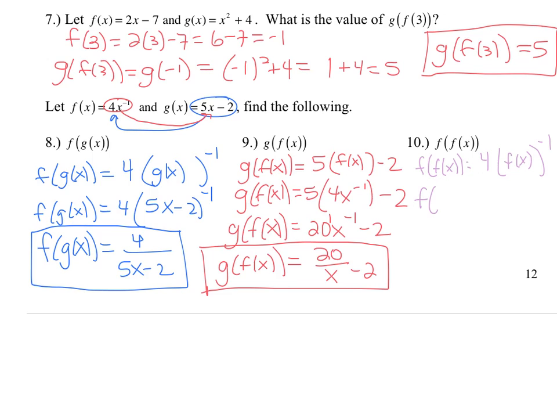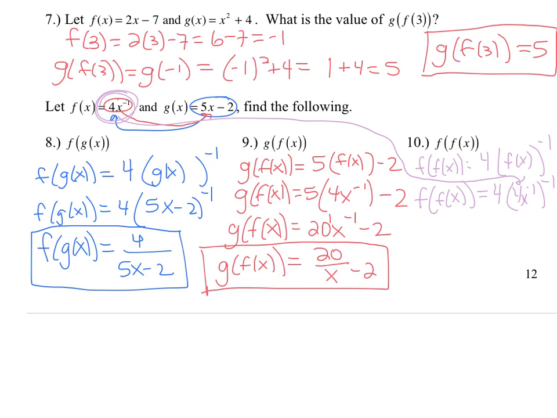So f of f of x means that I'm going to have my 4 times some input to the negative first, and that input I want to use is actually the f of x function. So I'm going to put 4x to the negative first inside of there as my input, so that I've literally substituted the f of x function into the f of x function in place of x.